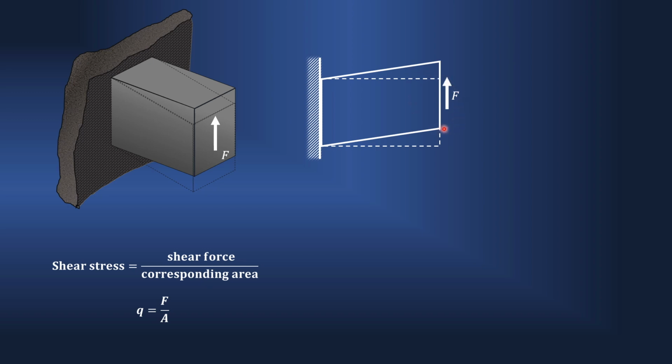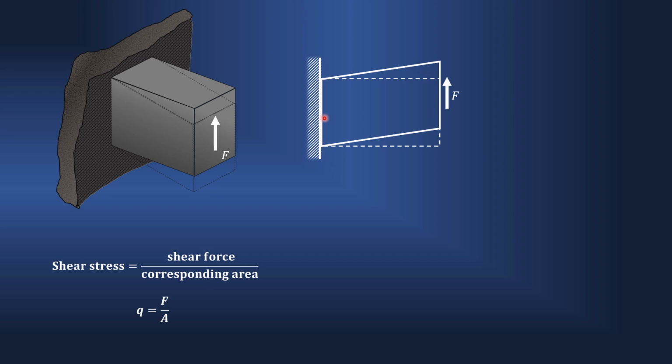This is the deformation. Here, the cross sections try to slide against each other, because of which this deformation occurs. Let's assume that with respect to a reference cross section, let's consider that reference cross section here.